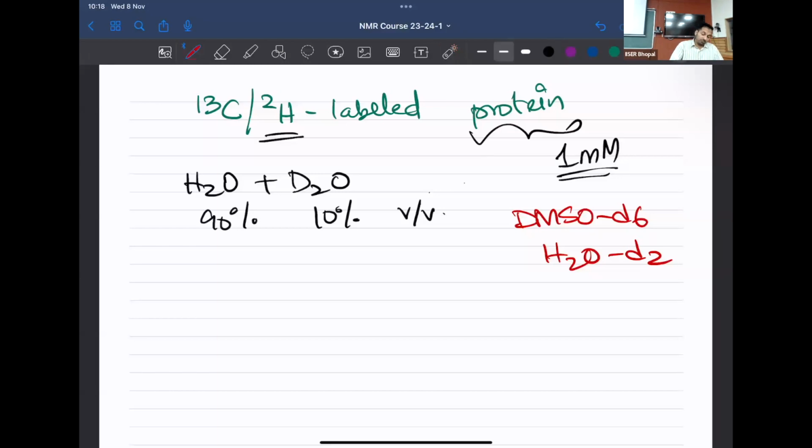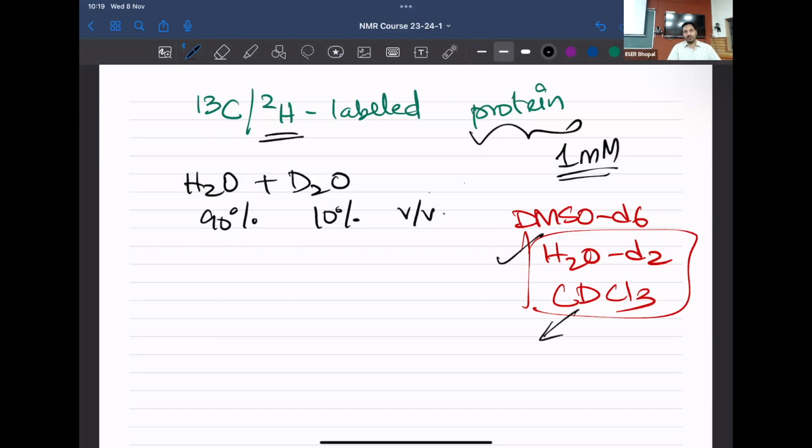The problem would be more severe when you have CDCl3 and D2O as the mixture. You could lock with either. What I would tend to do as an experimentalist is to lock with one and see whether the lock signal is okay, whether I'm able to shim it, and then repeat the same process with the other to see where I'm able to get better locking and shimming, and then choose the deuterated solvent. Most often, these kinds of scenarios won't come up.